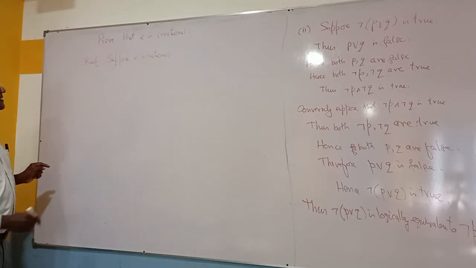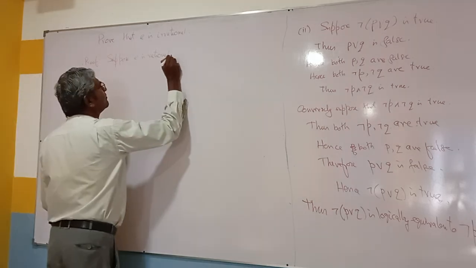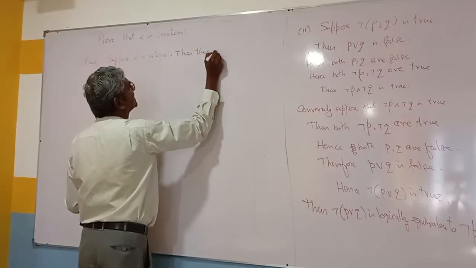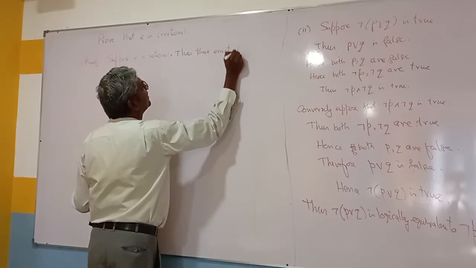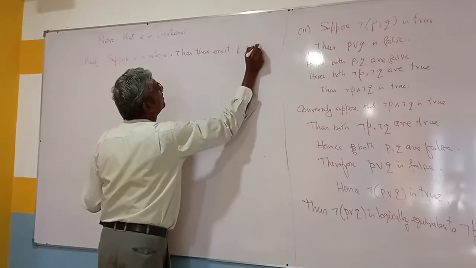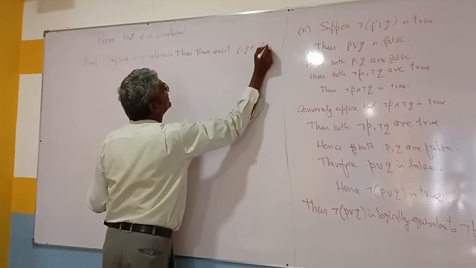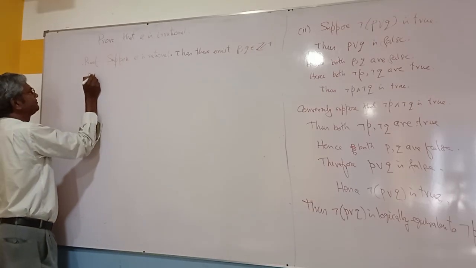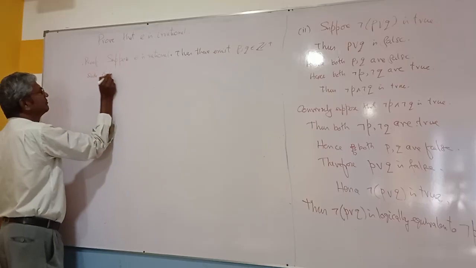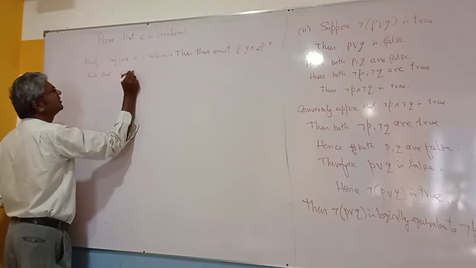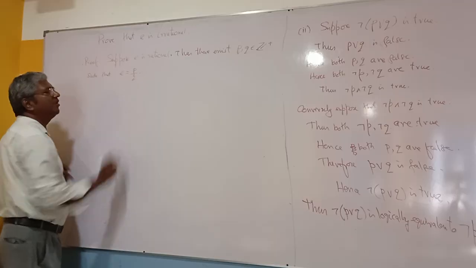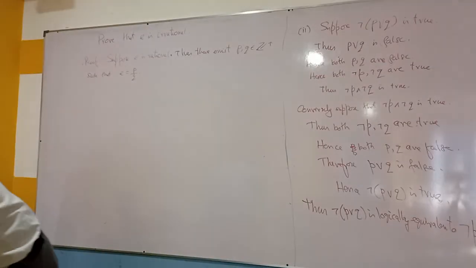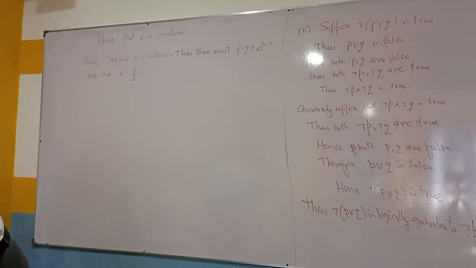Suppose e is rational, thus there exists p, q belonging to the positive integers such that e is equal to p over q. Now we need to get a contradiction for that.